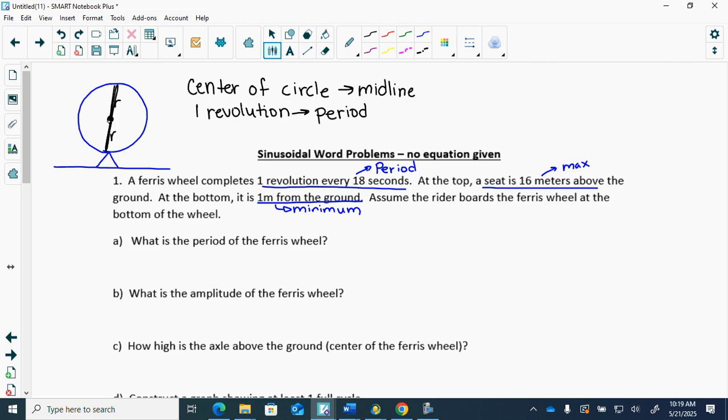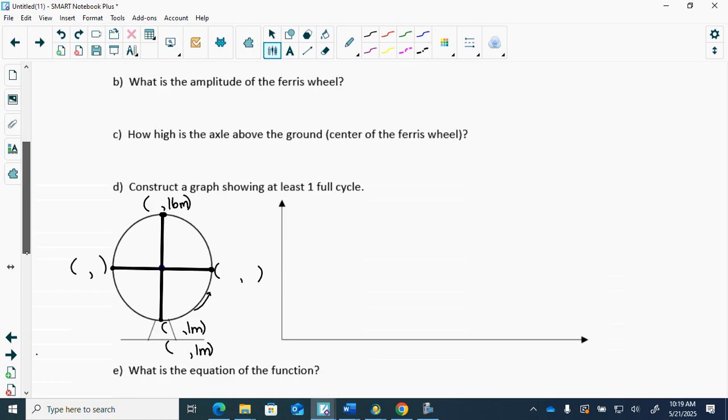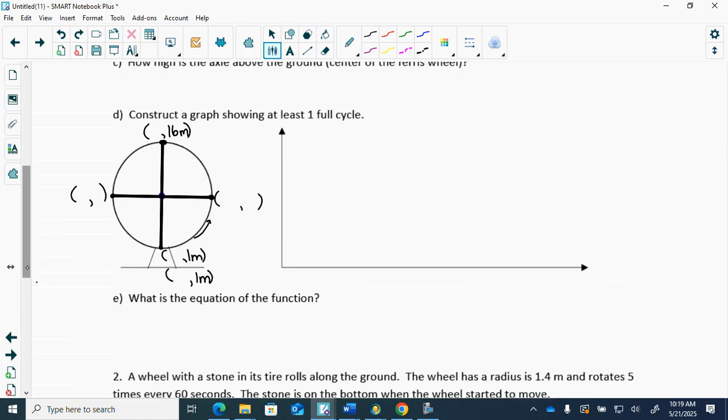So radius is a fancy way of them giving you the amplitude. They didn't give us the radius here. So in order to sketch our circle, we need the midline. How can we get a midline given that? Radius can help us get the midline because it would be 1 plus the radius or 16 minus the radius.